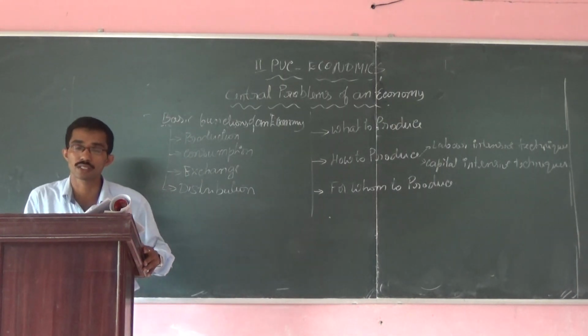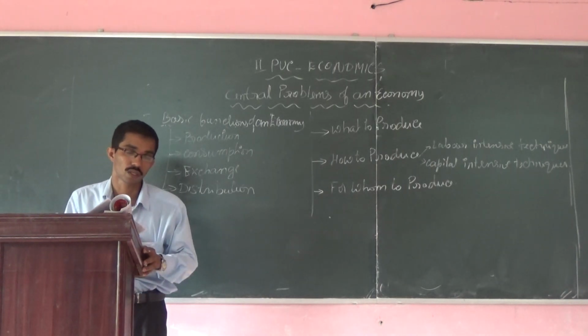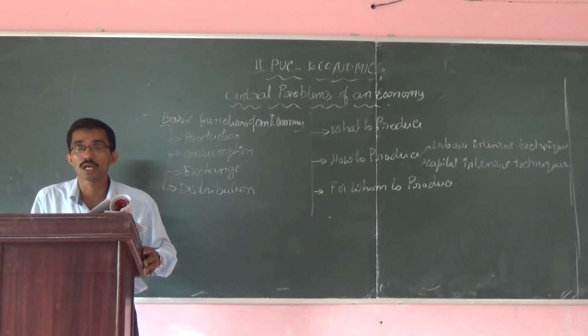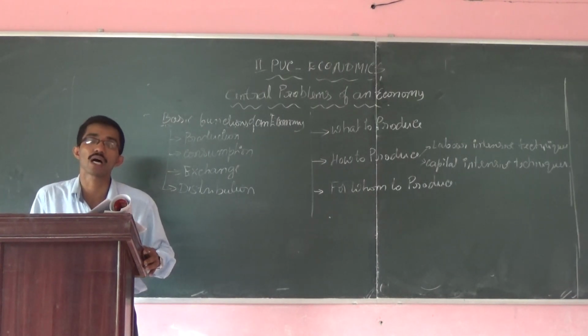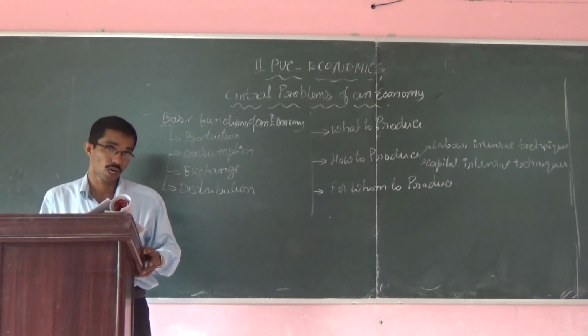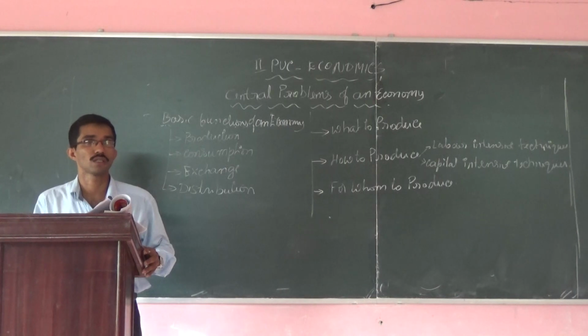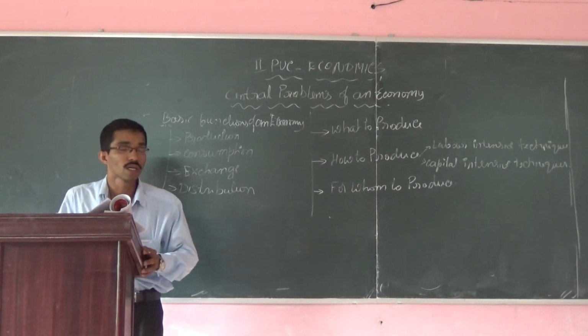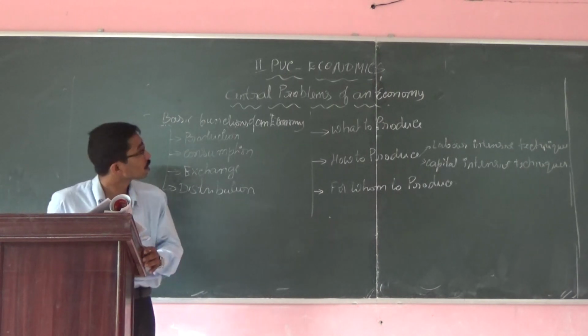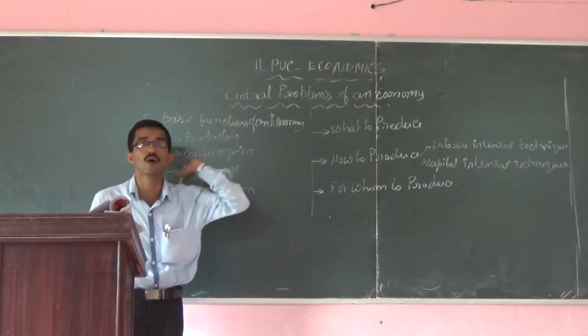In an economy, resources are limited and human wants are unlimited. Now, in this session, I will explain the basic problems of an economy, or the central problems of an economy.